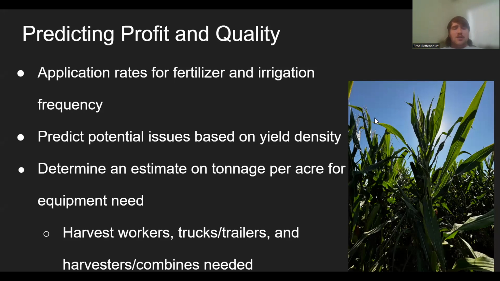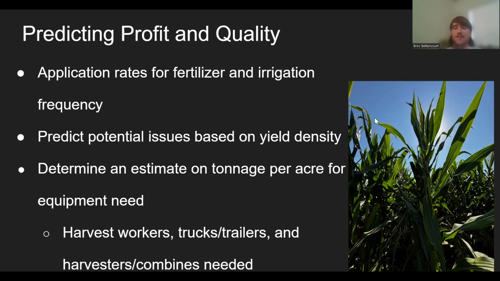We can predict potential issues based on our yield density. If we know how many ears of corn and tonnage per acre we have, we can predict certain issues that we might have, such as deficiencies in nitrogen and other key nutrients, potential pest damage, possible diseases, and whether or not our corn needs to be thinned.